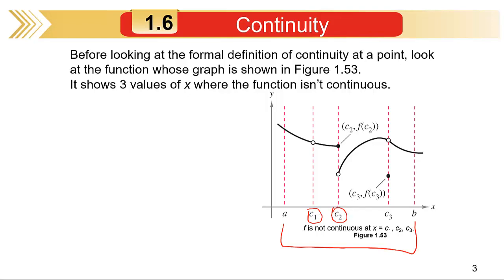There's a gap between the left piece and the middle piece. And then the third one is also a hole, so there's a hole in the graph. It's a little different than the first one because below the hole, you have a dot at that point C sub 3, f of C sub 3.